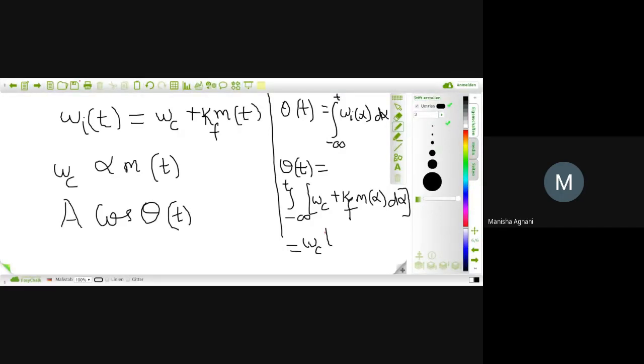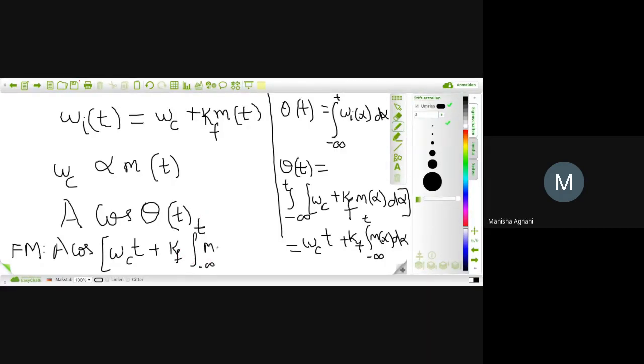So this becomes t, plus kf, a proportionality constant, times the integral of m of alpha d alpha, with limits from minus infinity to t. Therefore, my equation for FM becomes A cos of the angle. What is my angle now? It is omega c t plus kf times the integral from minus infinity to t of m of alpha d alpha. So thus we have got our equation of FM.